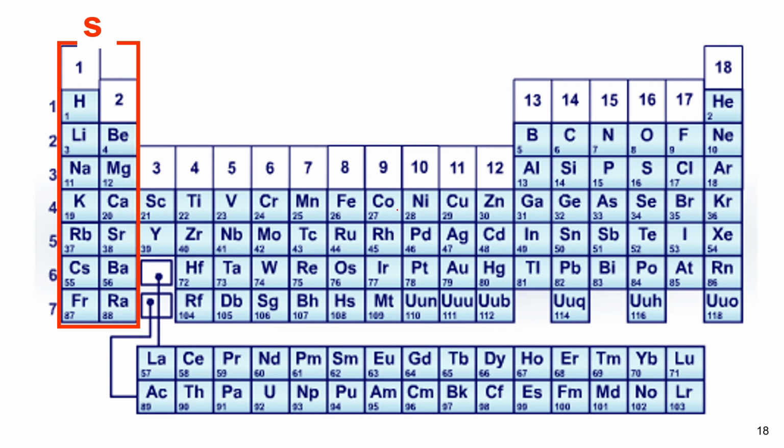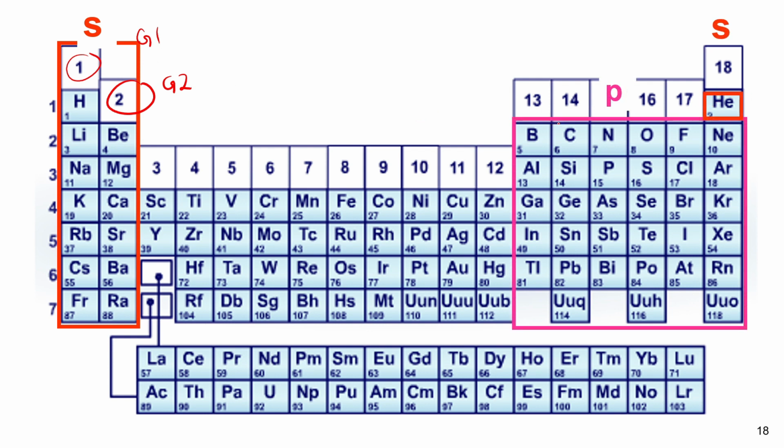S block refers to elements in group 1 and group 2, including helium. P block is on your right hand side, starting from group 13 until group 18.